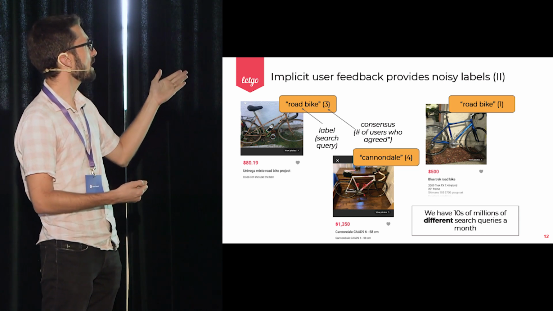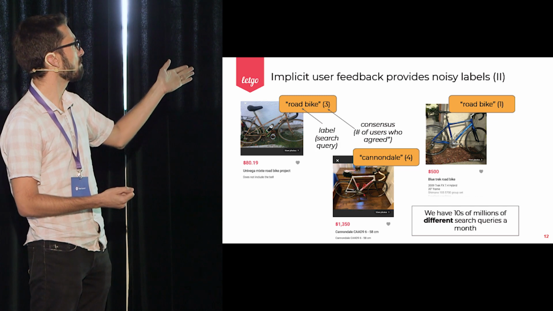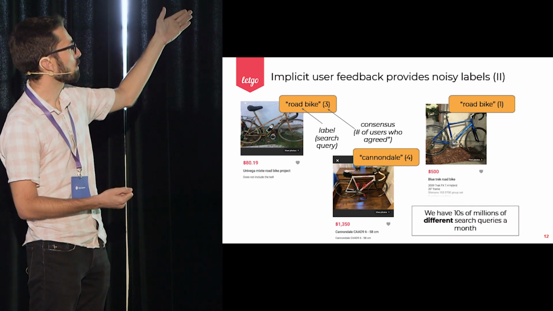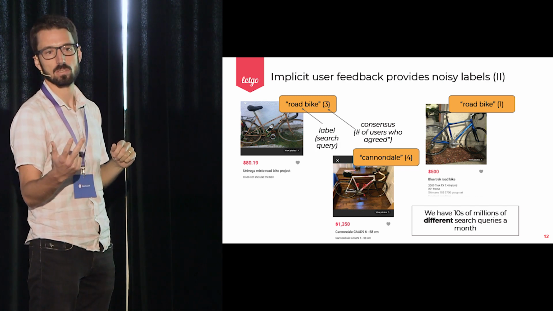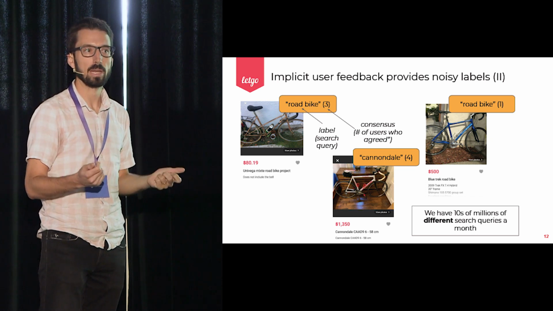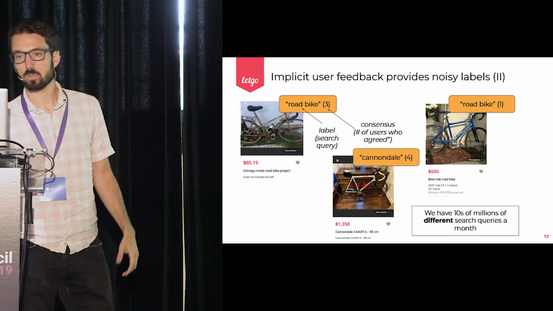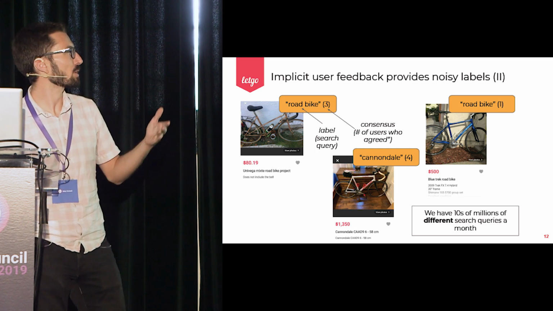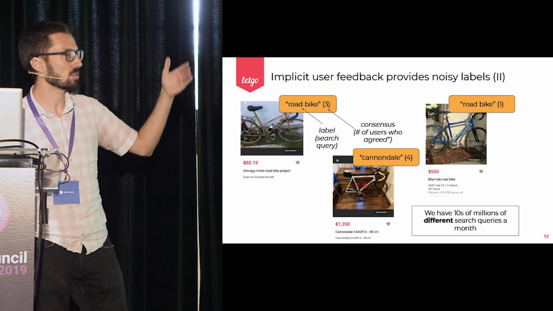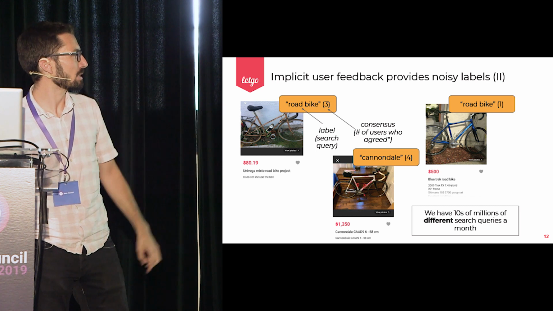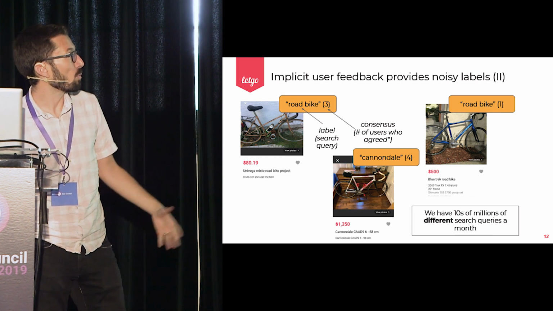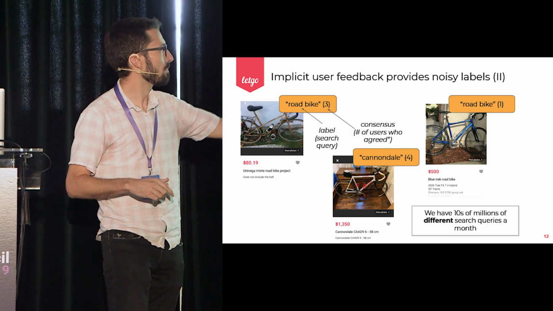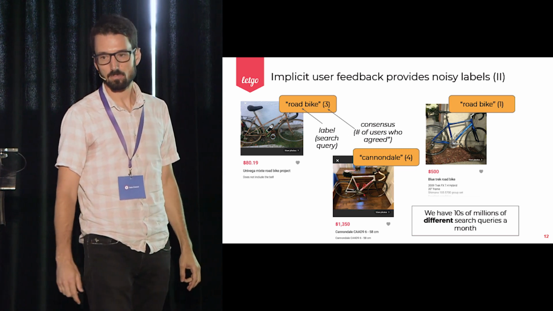So for instance, in this case, we have this Univega mixed road bike that was contacted by 3 different users after searching for the query road bike. Obviously, we don't have just one listing and one query. We may have people searching for Cannondale. We have 4 users that searched for Cannondale and ended up on this listing. We have 1 user that searched for road bike and ended up on this different listing.